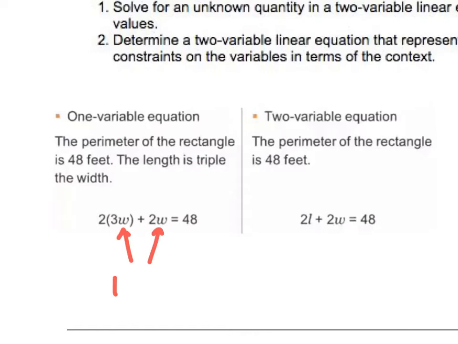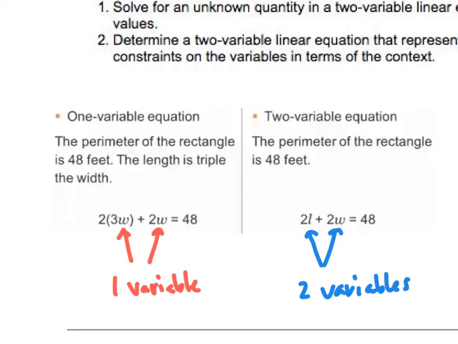Now, if we re-say that, if we don't give this portion here that says the length is triple the width, then we have this other thing, this two-variable equation that says the perimeter of the rectangle is 48 feet. So the formula for that would be 2 times the length plus 2 times the width. So we have two variables. Okay, two different variables. All right, and so we're going to be working on two-variable equations today.